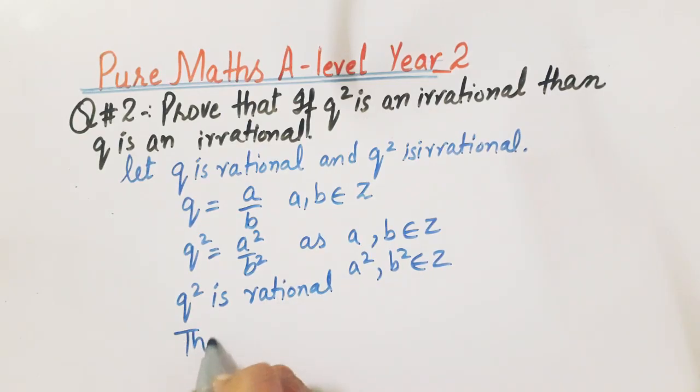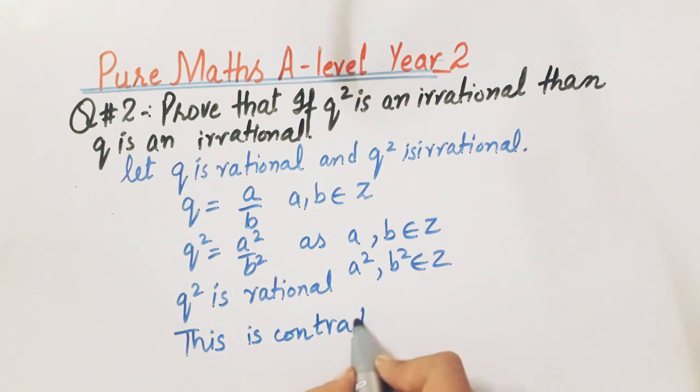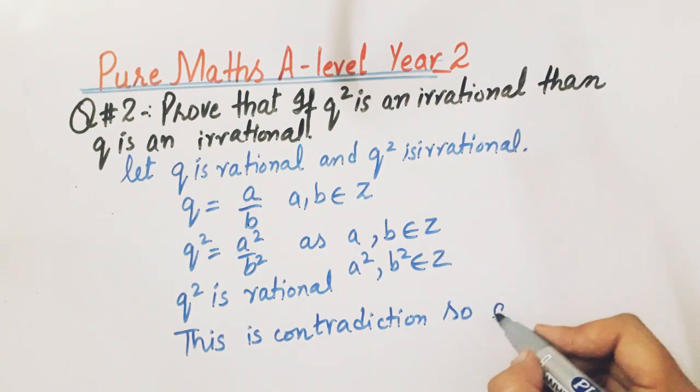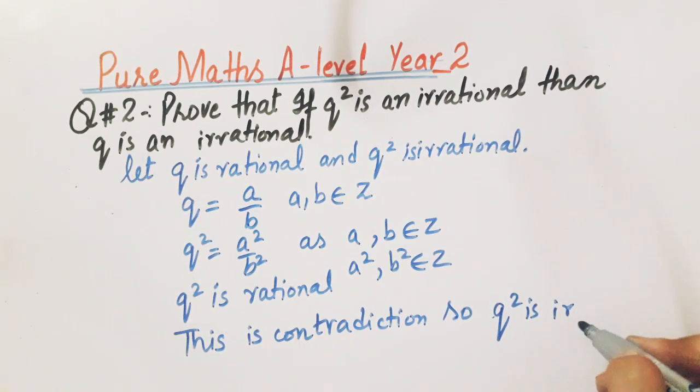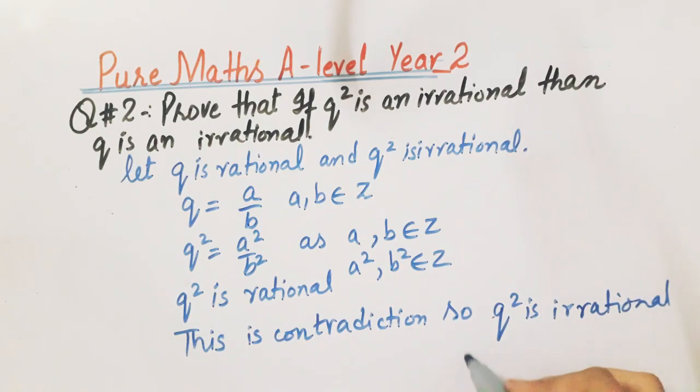So this is a contradiction. So q squared is irrational and q is also irrational.